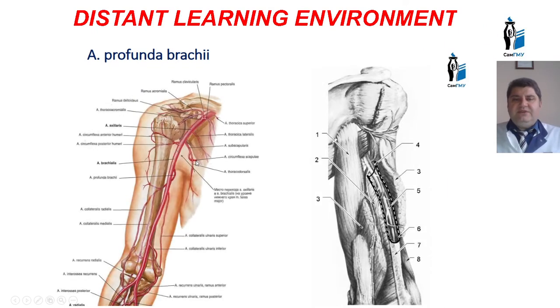Let's talk in detail about the branches of the brachial artery. First, you may see that at the border between the upper third and middle third, the profound brachial artery arises from the brachial artery. It passes to the posterior side of the humerus bone, inside the humeromuscular canal, and it gives branches for muscles, for the triceps muscles.